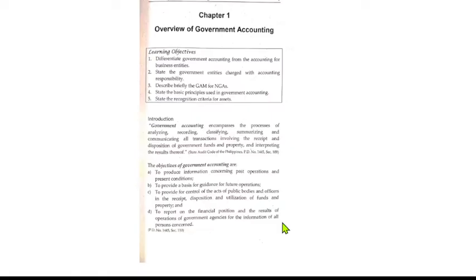And in the government accounting manual, it is specifically delineated yung mga responsibilities ng government bodies at yung mga officers in charge, the officers and the directors in charge of governing a particular government agency.